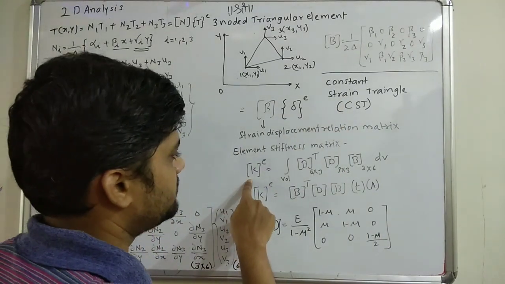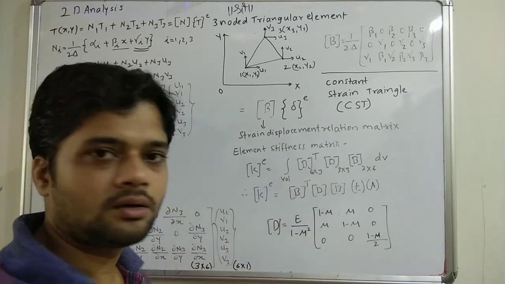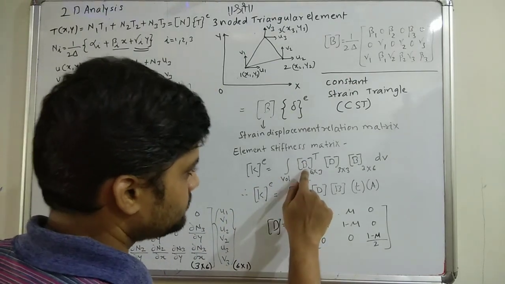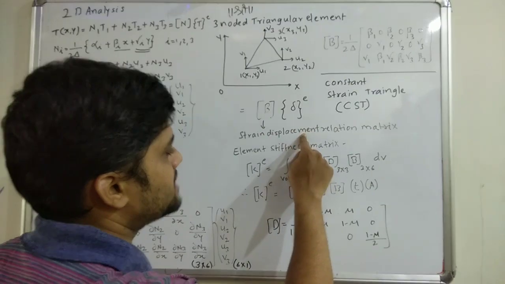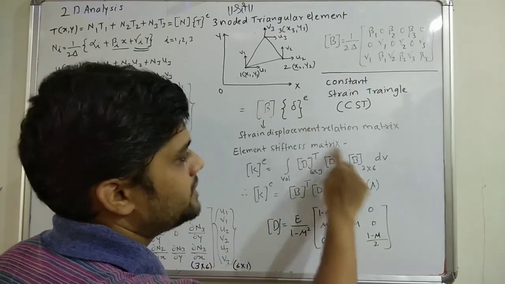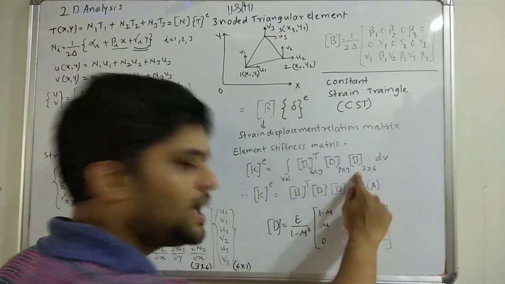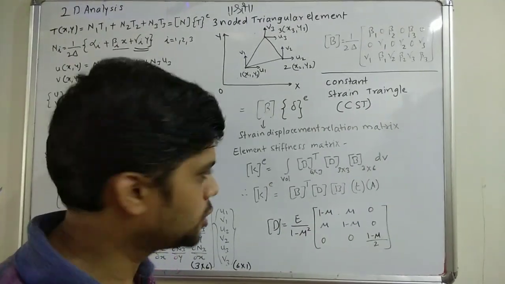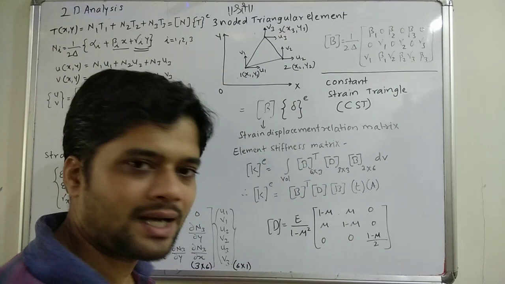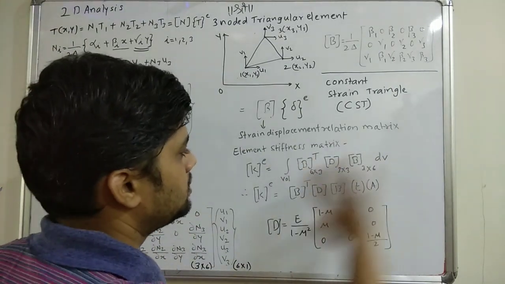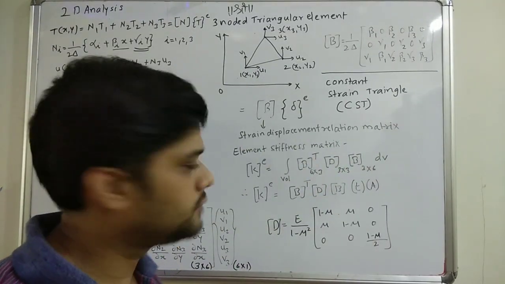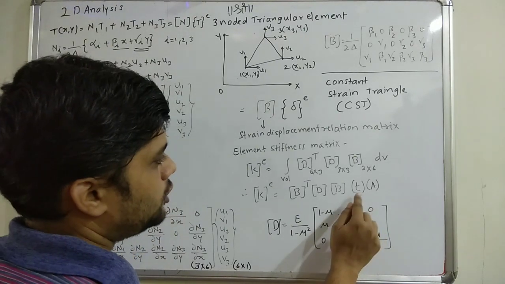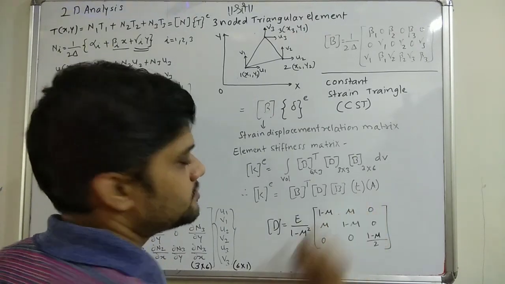The element stiffness matrix is given by the integration over the volume of the transpose of my strain displacement matrix multiplied by my stress strain matrix D multiplied by my strain displacement matrix B. At an elemental level, I consider volume as thickness multiplied by area.